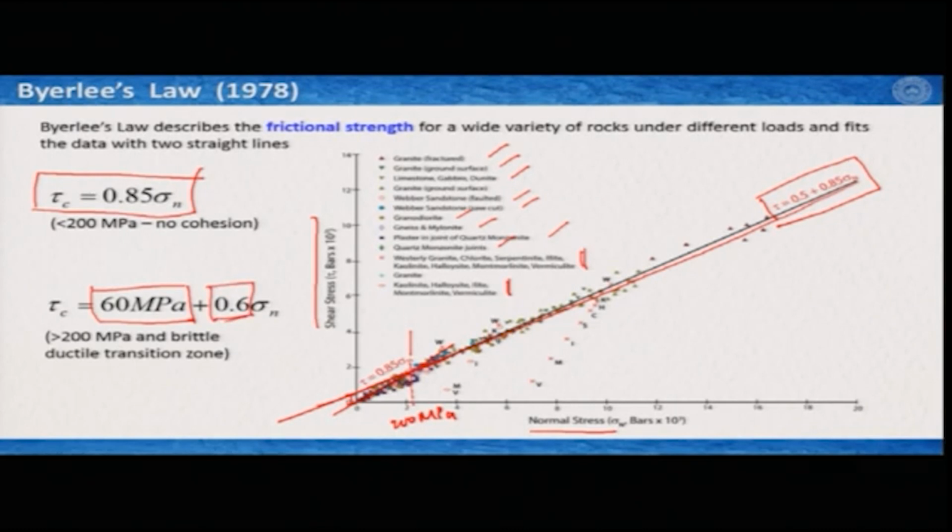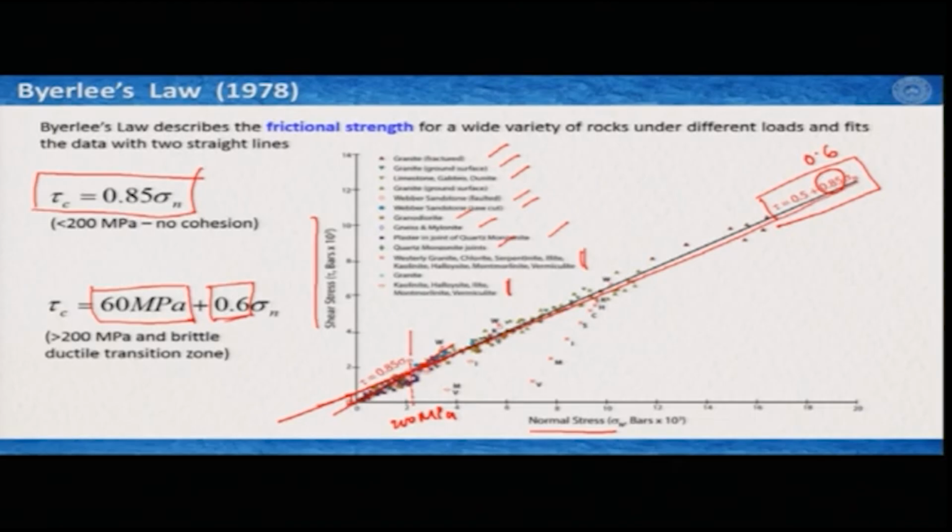I am sorry, this is written wrong, it should be 0.6. So, this is how we can figure out that the friction or strength of the rock is not a function of the composition of the rock.